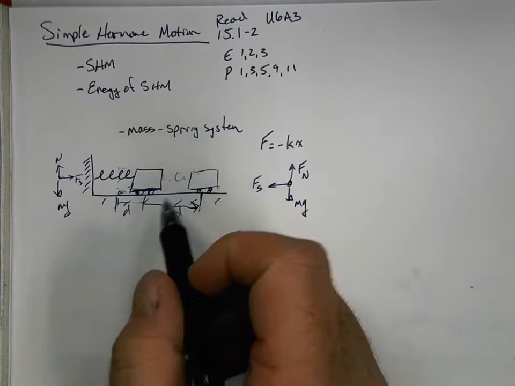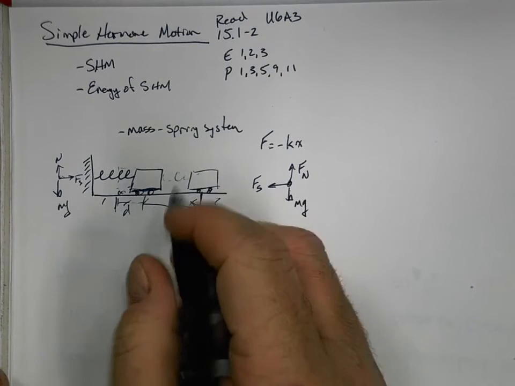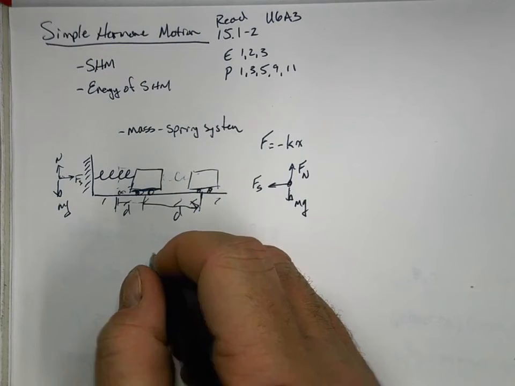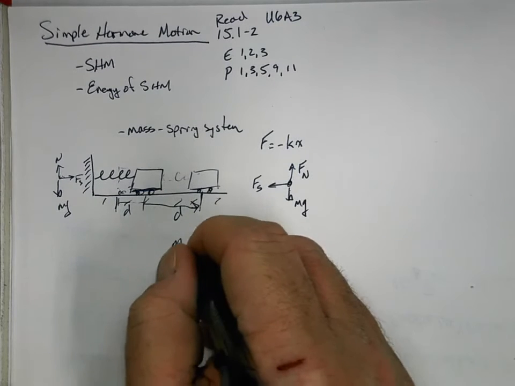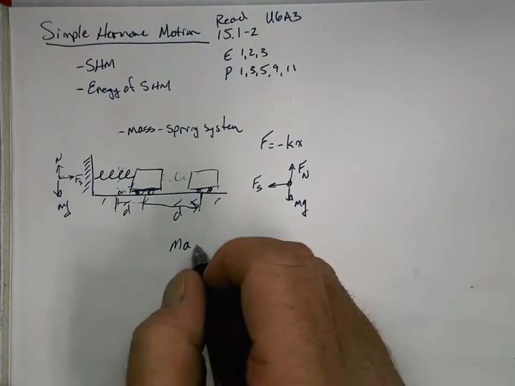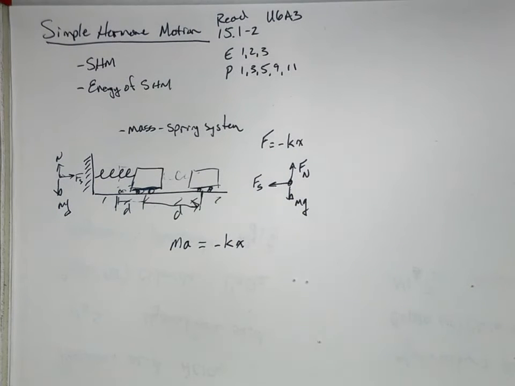So at any particular time, if we are not at the uncompressed or unstretched position, if we have some sort of tension in the spring, then the only force acting on this cart is the spring. So the sum of the forces, we know, is equal to our mass times acceleration. This equals negative kx.